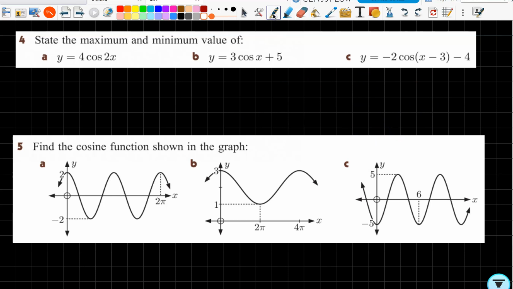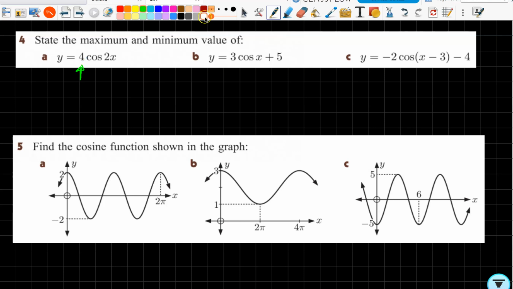When question 4 asks you to state the max or the min, those of you who have done it, what are you looking at? What do they mean, the max or the min? Yes, it's the height. And what part of this function is telling me about the height? Excellent, the A, the amplitude, because it's stretching the graph.